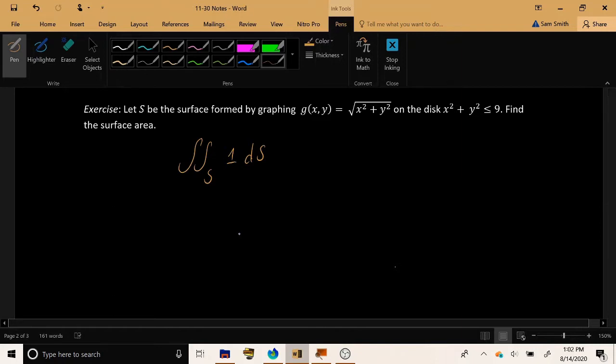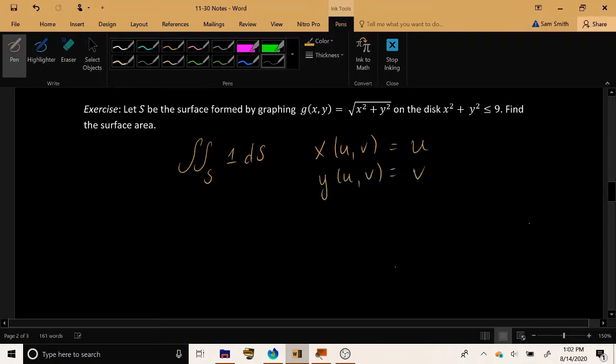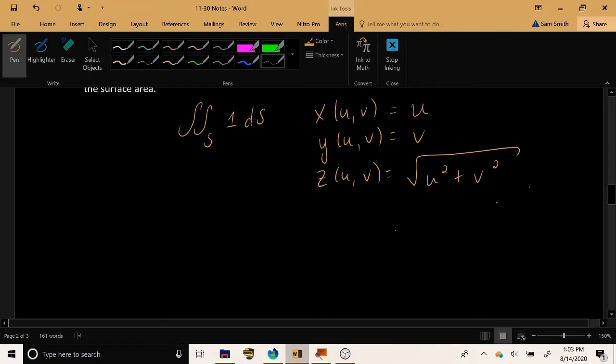Now this surface is the graph of a function of two variables, which means that we can use the standard parametrization where the x-coordinate is represented by u, the y-coordinate is represented by v, and the z-coordinate is represented by the output of the function at u equals x and v equals y. So next, let's find the partial derivative of the parametrization with respect to u.